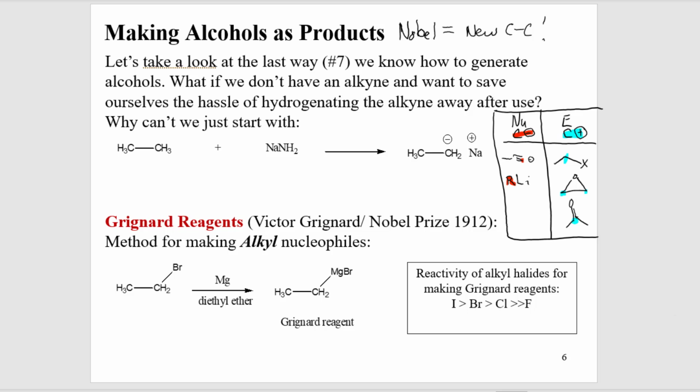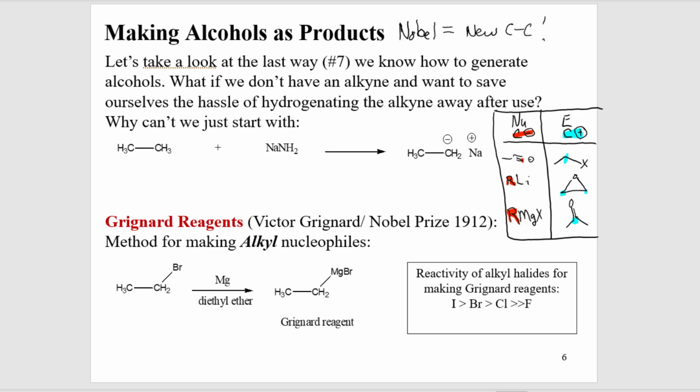And also we have RMgX. We'll talk a little more about this MgX in a minute. All right, so how do we make RLi, alkyl lithiums, or how do we make RMgX, Grignard reagents?